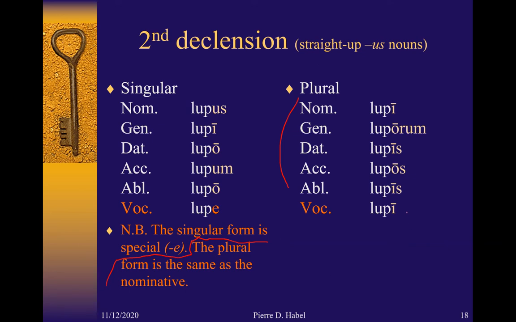And then the vocative plural follows that rule that we observed with the first declension, that it would be the same as the nominative. In fact, it's only ever, ever the vocative singular form that is going to be distinctive, just the singular form.